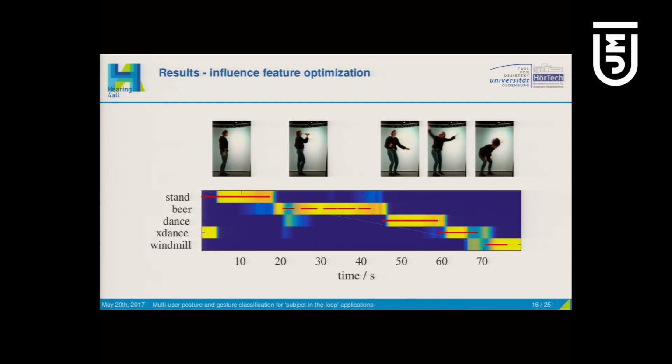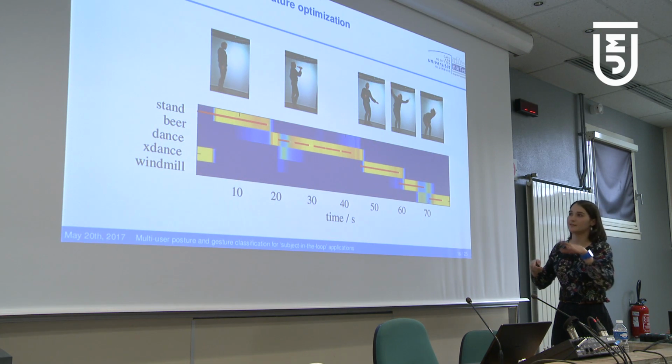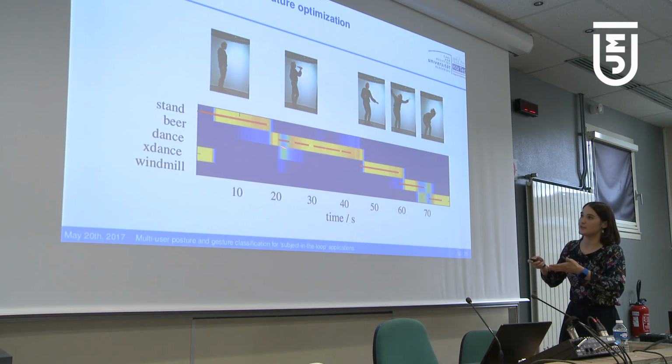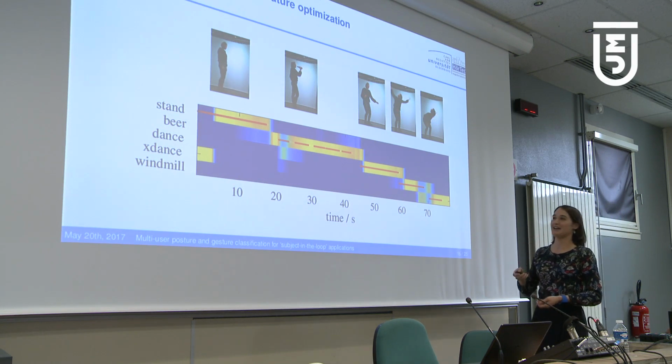Okay, and these are the results in a more digestible form. So time, and 5 different classes. You can see which class was true: this red line indicates the true class. Here it was stand, then drinking beer, then dancing, extreme dancing, and windmill.